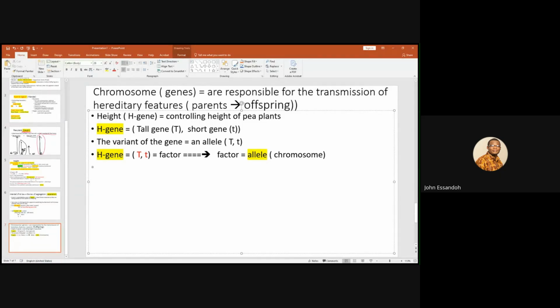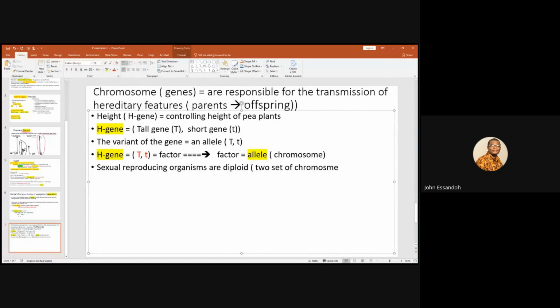The next one is that every sexually reproducing organism is diploid, which means they have two sets of chromosomes.